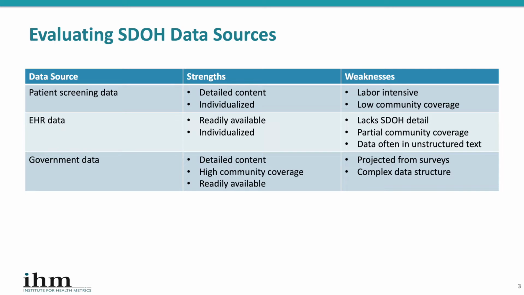One is patient screening data, and some organizations do this, which is every patient who comes in has screening questions asked of them. The good thing about this is it's very detailed, but it's labor intensive, and it only applies to the patients who actually come into the institution.